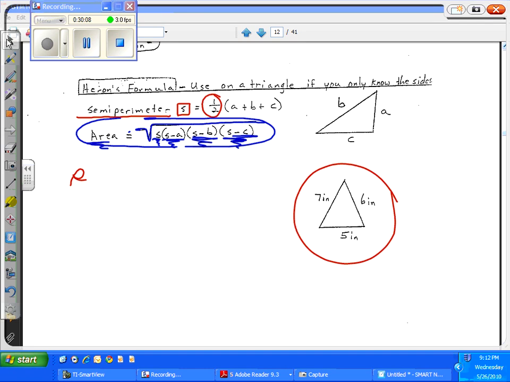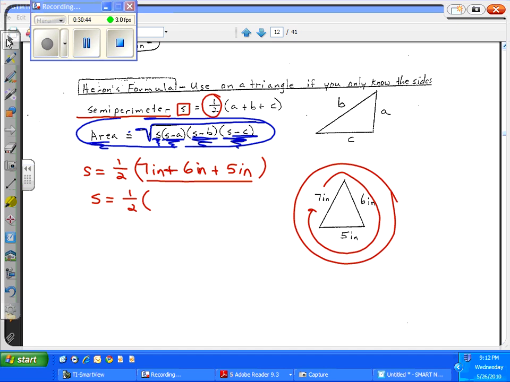The first thing we want to do is find semi-perimeter, S. Semi-perimeter S is equal to 1/2 the perimeter, and the perimeter is the distance around or the sum of the sides, which would be 7 inches plus 6 inches plus 5 inches.